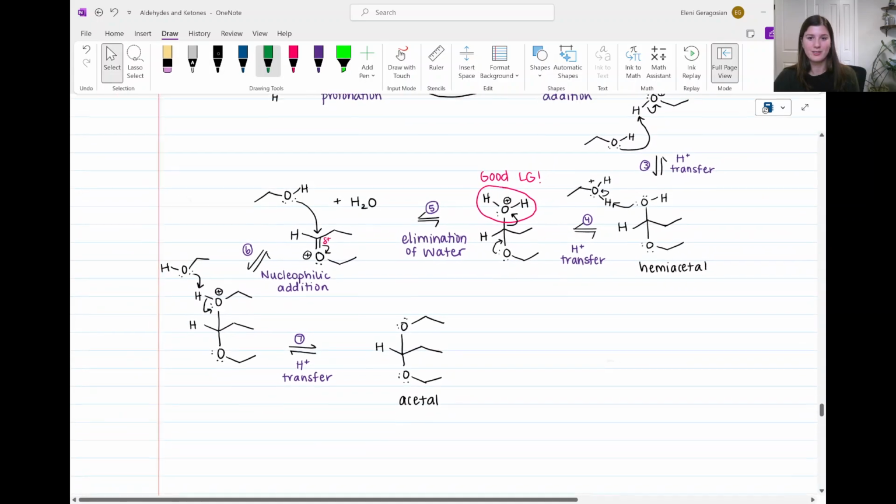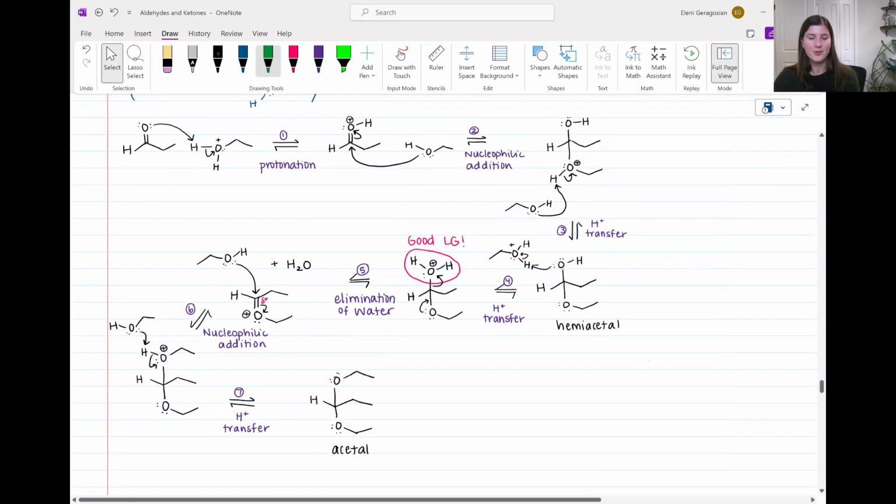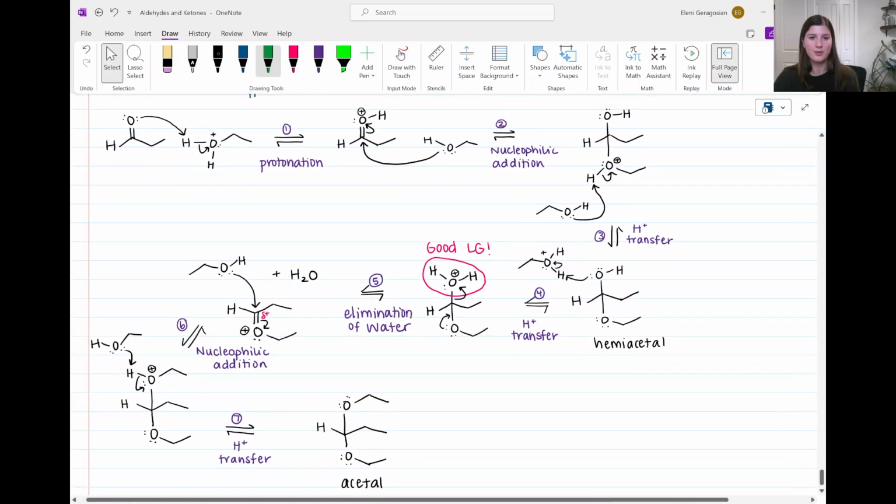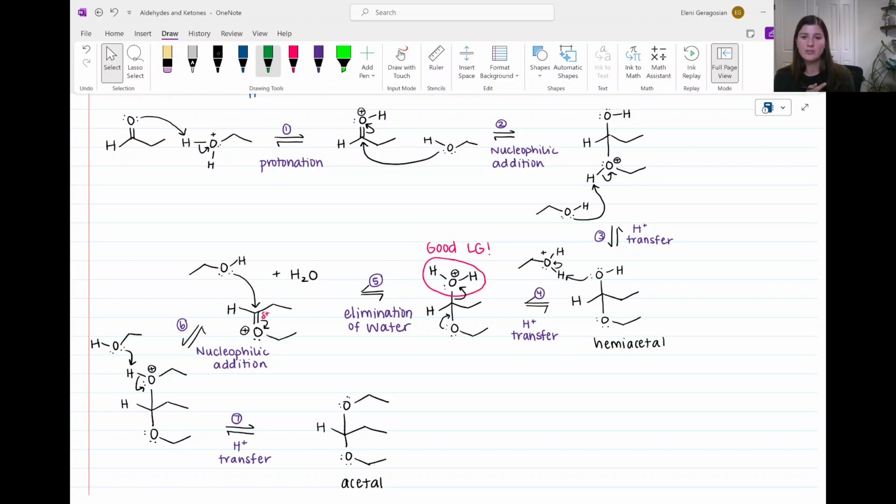Trying to zoom out so you can see the entire thing. We have 7 steps. Our first step is activating the carbonyl with protonation from the acid. Second step is nucleophilic addition. We do proton transfer to first neutralize the alcohol that was added to the carbonyl carbon, and then to protonate the OH group part of that molecule, to make it a good leaving group.